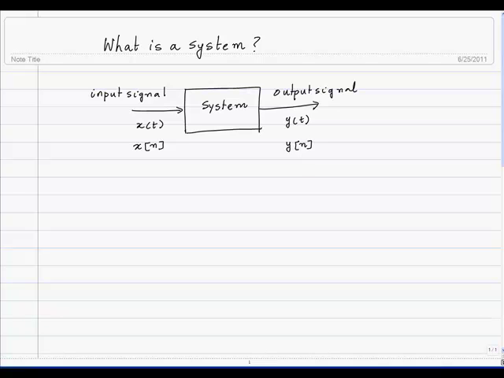What I will do is try to give a couple of examples of what systems might be, and I think it will help you understand what we are talking about a little more. So the first example I'm going to talk about is something which you are all very familiar with and you're using every day.